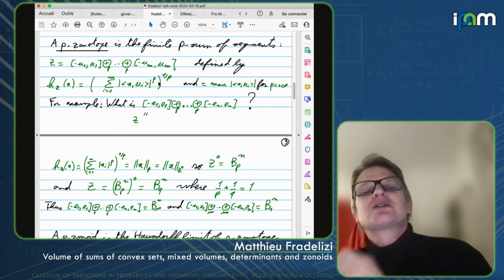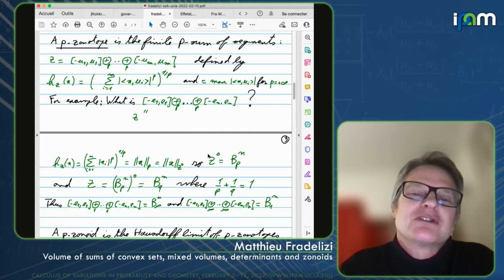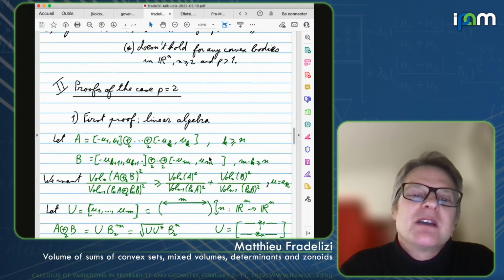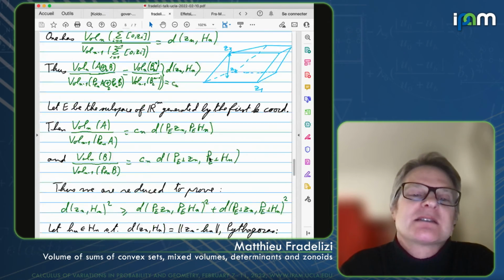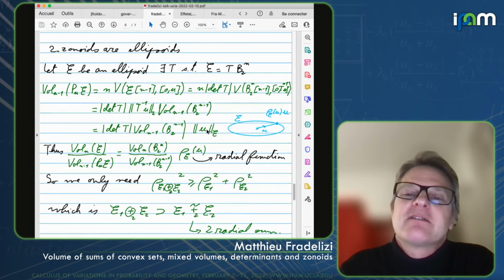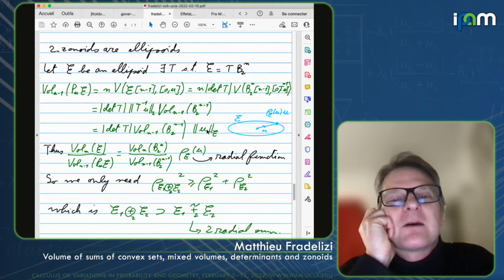And if you put p equals 2, this is a sum of quadratic forms to the power 1/2. So the square of the support function is a quadratic form because it's a sum of quadratic forms. And so the support function, being a quadratic form, is just the support function of an ellipsoid. Okay, so all 2-zonoids are just ellipsoids. Maybe if you sum fewer segments than the dimension, you can get lower-dimensional ellipsoids.